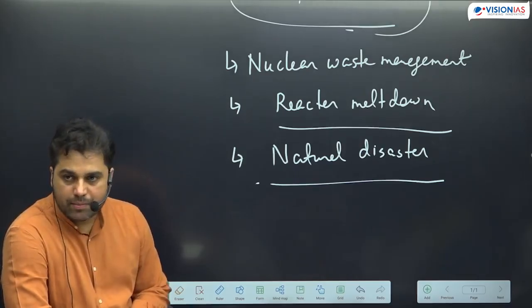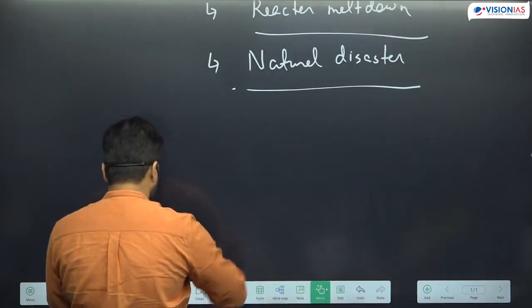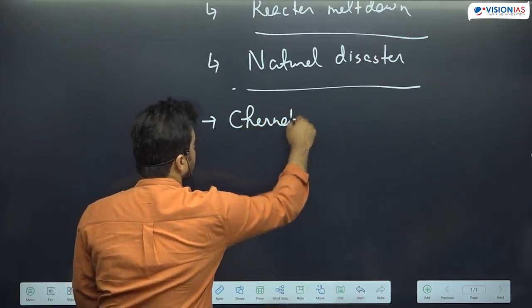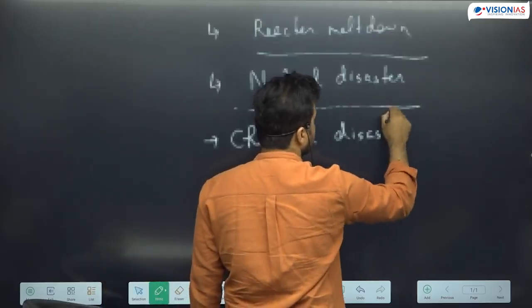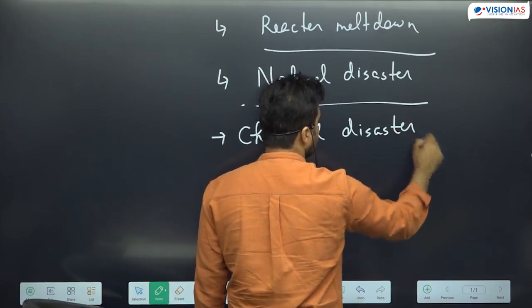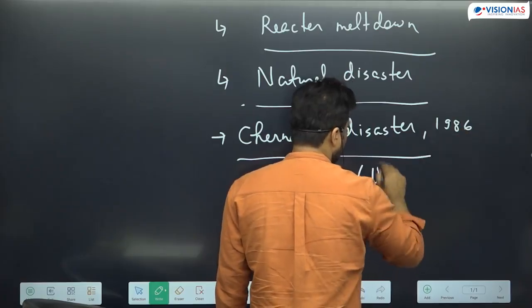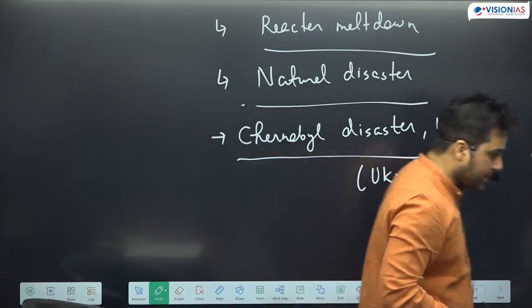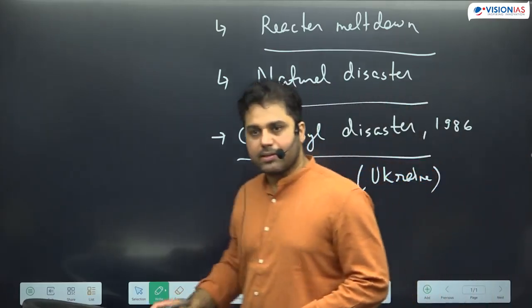You can write down a few examples also. For example, Chernobyl disaster (1986). At that point of time, it was part of the USSR, but as the USSR disintegrated, it has become Ukraine. There is a reason why Ukrainians do not like the Russian regime.